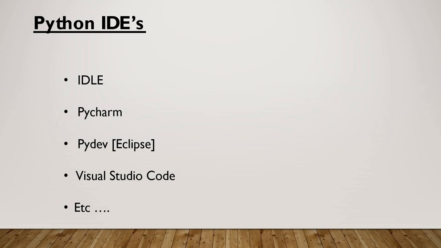Third one is PyDev. This is a plugin for Eclipse, which is also quite a popular tool for all development activities, right? PyDev is a plugin which we have to install inside the Eclipse platform. Fourth one is Visual Studio Code. Likewise we have many tools like Atom and others.